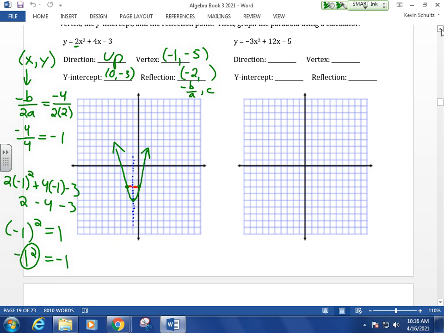And if we go back here, if we take out this 2 here, -4 divided by 2, -b over a gives us -2. And then our y-intercept point, our c, -3. -2, -3 is exactly where that point is. Right? Either way works. Drawing the axis of symmetry and reflecting, or using this formula to get the actual point.